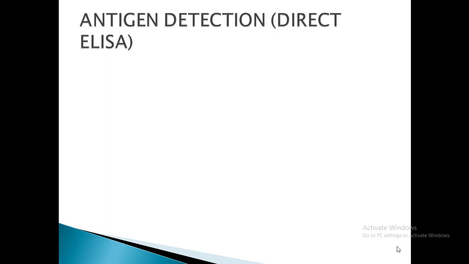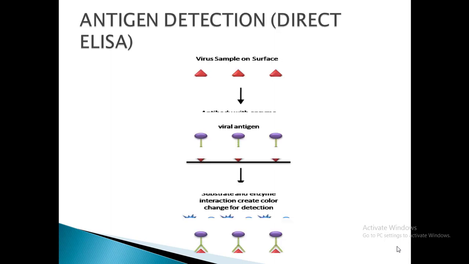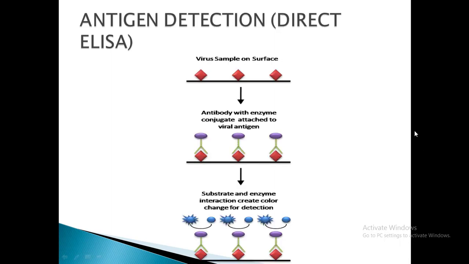Now antigen detection, direct ELISA. If you can see here, the serum sample is applied to a microtiter plate or a solid surface. There is a specialized solid surface which is microtiter plate, where the antigen present in the serum fixes itself.